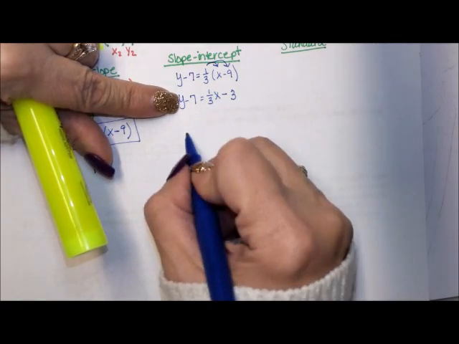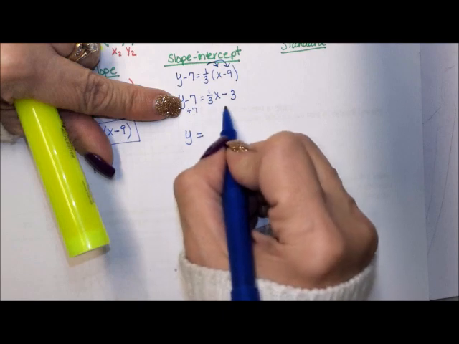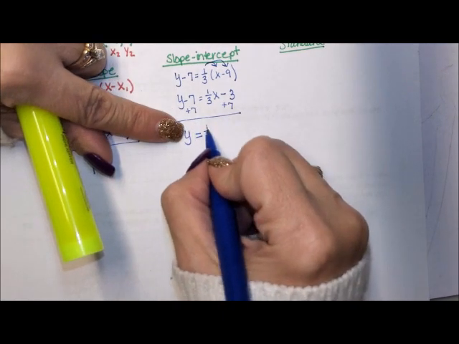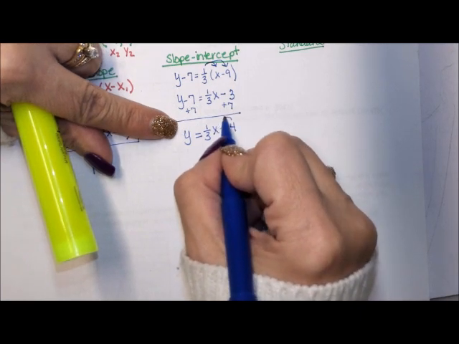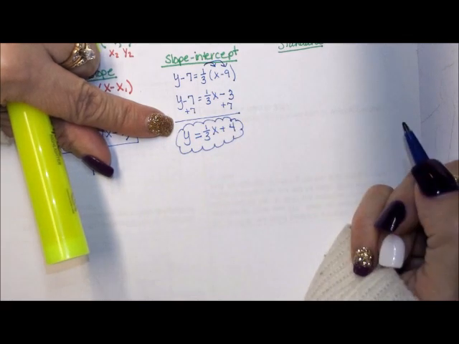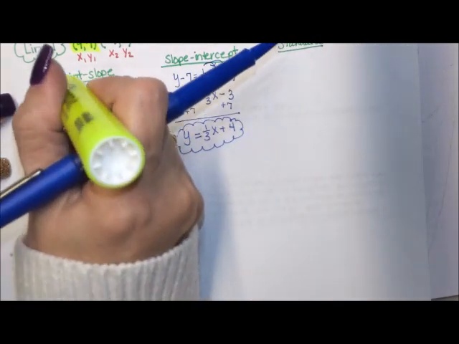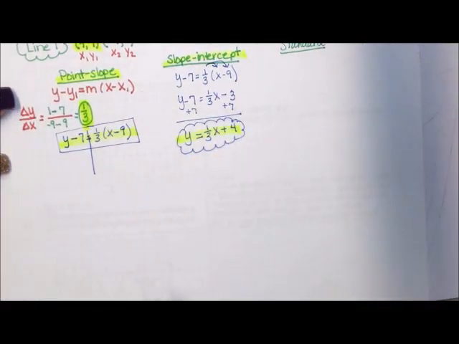I still need to get to y equals, so I'm going to add 7 to both sides. So 1/3 x plus 4. Now here is my slope intercept. Okay, going back and looking. Point slope, point slope. Slope intercept, slope intercept.